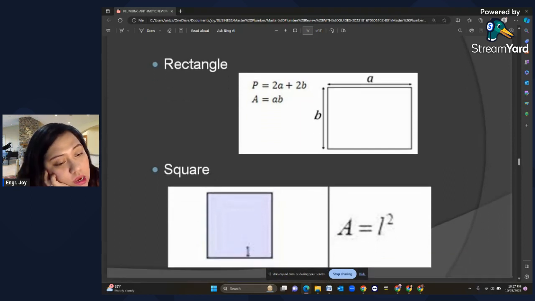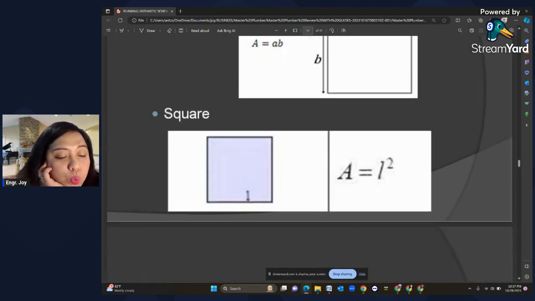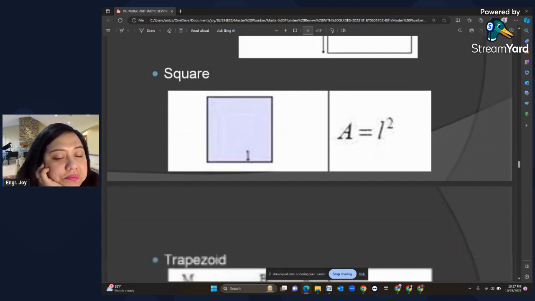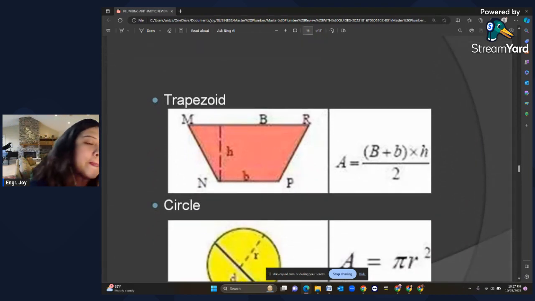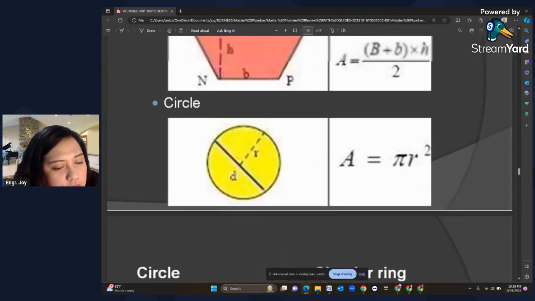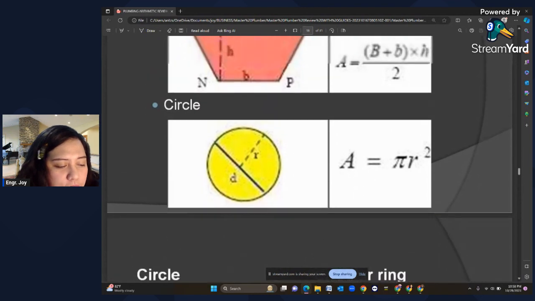Then the area of the rectangle is A times B. Square. So, sa square, sides lang siya squared. Trapezoid. Okay. So, base 1 plus base 2 times height over 2. So, circle is pi r squared. Very common. Alam na natin ito.